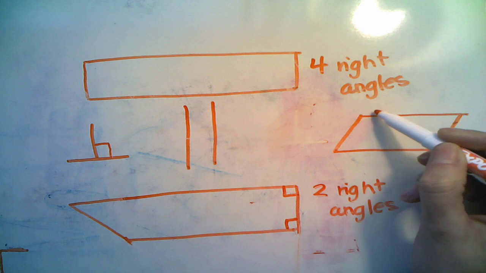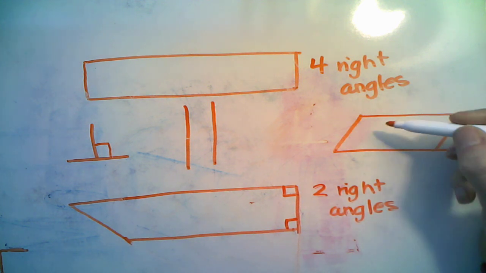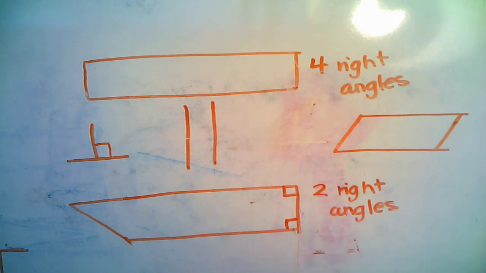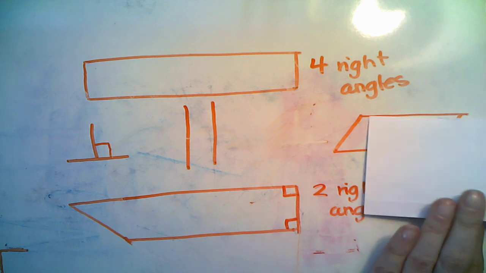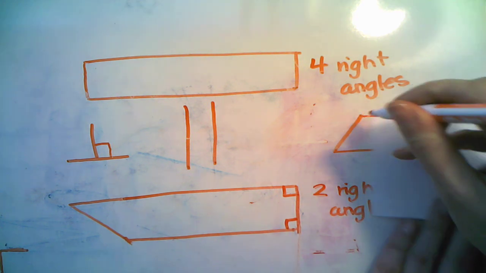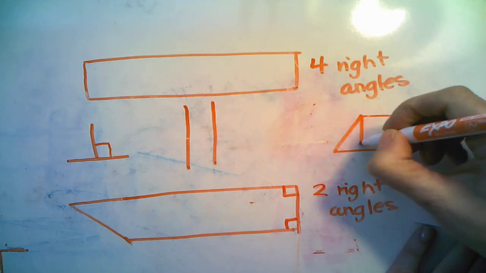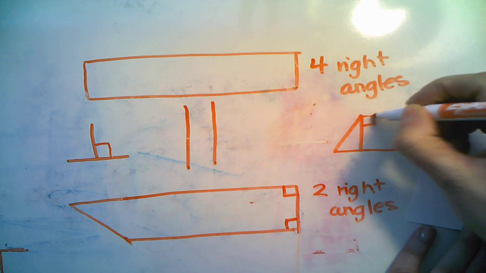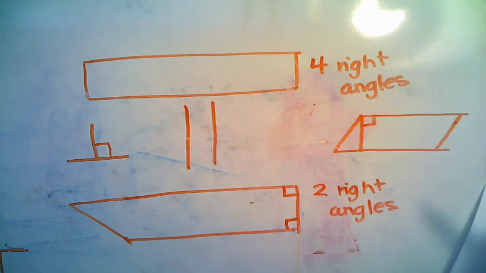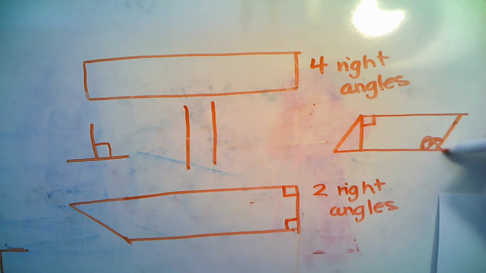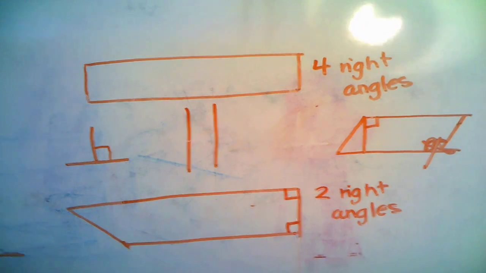Is this parallel? I mean, is this perpendicular? It is not, right? A perpendicular line would go straight down. This is perpendicular, making this a right angle. This is not a right angle. Okay, I hope that was kind of clear.